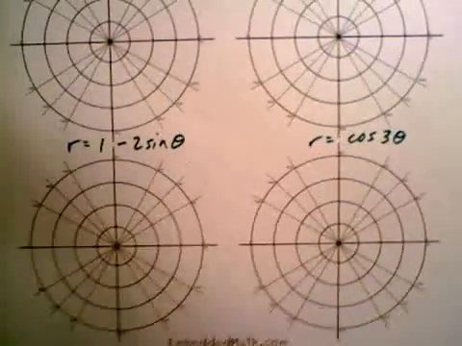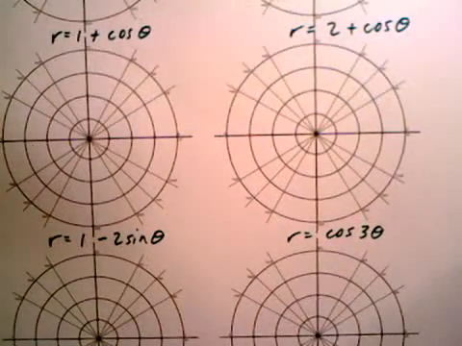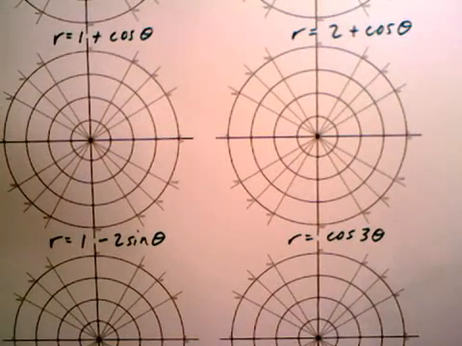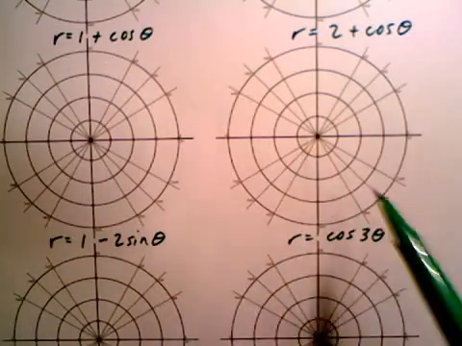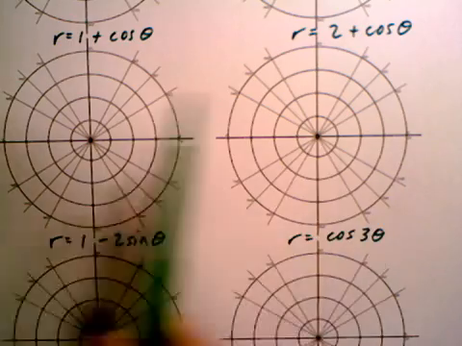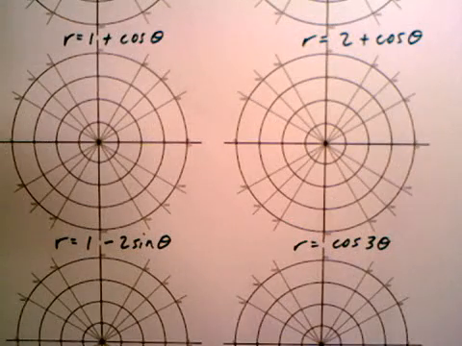So this is my challenge to you. Without your calculator, do your best, plot points, do exactly the way we did it up there. Plot points and see if you can figure out what these graphs would look like. This would be a really helpful exercise to go through. And I will actually show you the solutions in the next video, and then we can talk about these in class.